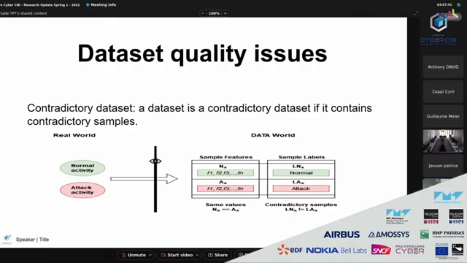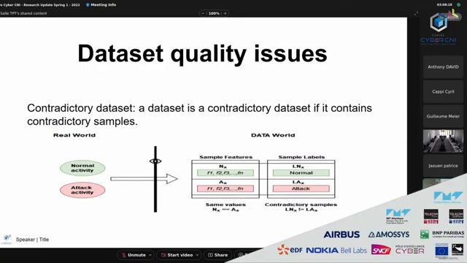We consider a dataset contradictory if it contains contradictory samples. In supervised learning, whether we observe a normal activity or an attack activity, we generate samples as vectors of values or features.